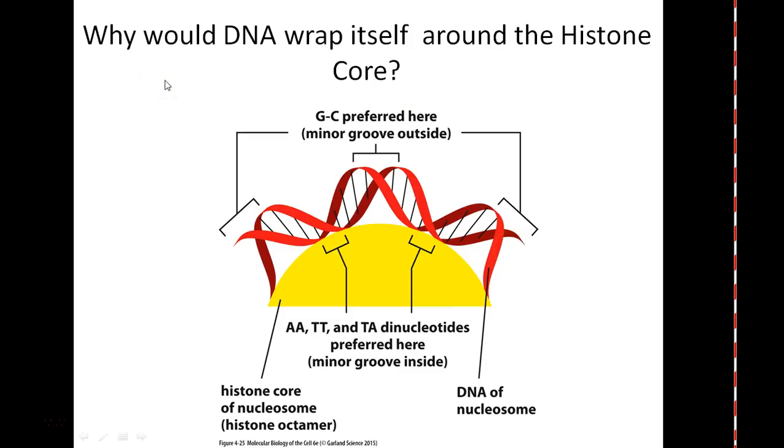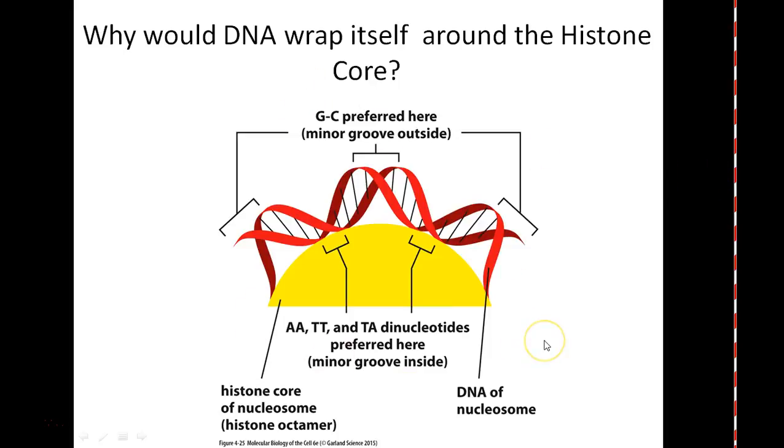So from the mechanistic point of view, why would DNA wrap itself around the histone core? You may remember from your previous courses in genetics or biochemistry, what would you say, from the mechanistic point of view, why DNA wraps around the histone core?